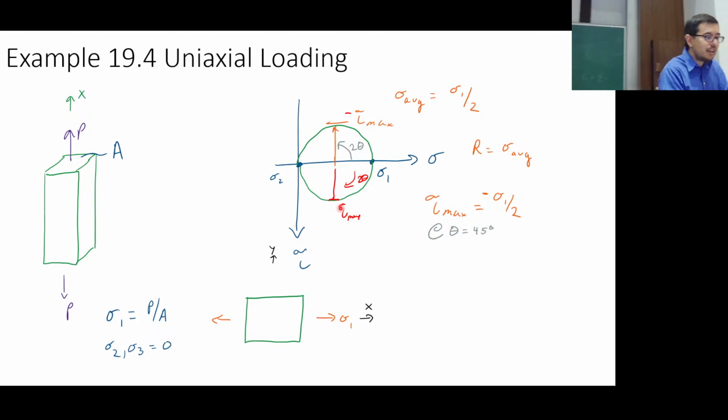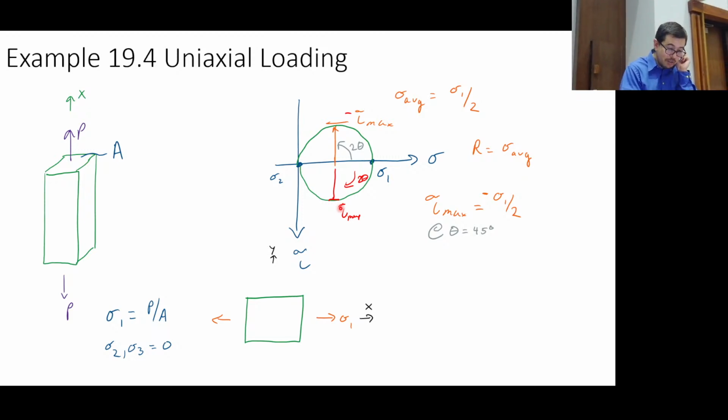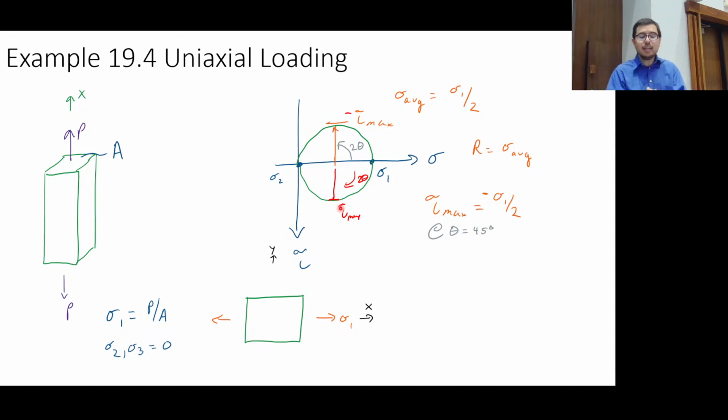The other type of important state, at least for now, is in-plane maximum shear stress. So that happens right down here when we get to minus up there, right? So what is tau max?